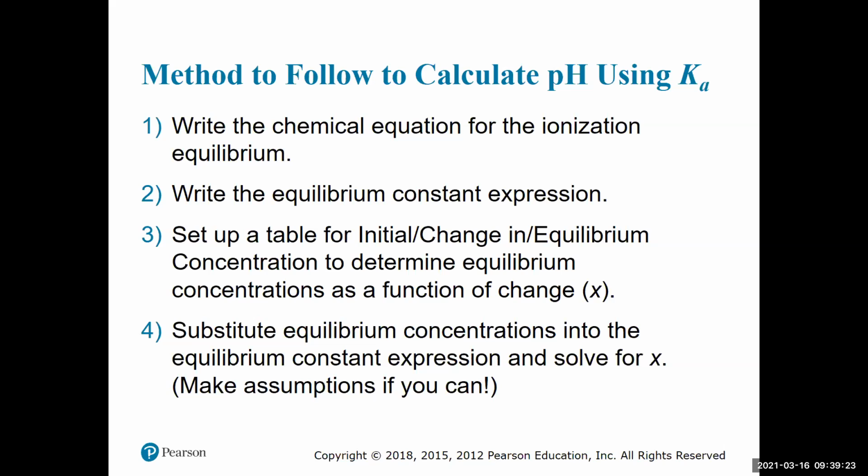Then we want to set up that table, initial, change, equilibrium, and then use that X variable to plug in what we don't know and the changes in that. And then the final thing on this one that's a little bit different is what we talked about just a moment ago: sometimes you can make assumptions to make the math a little bit easier. And they're reasonable assumptions in these cases, because you're usually doing this on a weak acid or a weak base. We'll talk about the base version of this in a little bit, but it's the same idea.